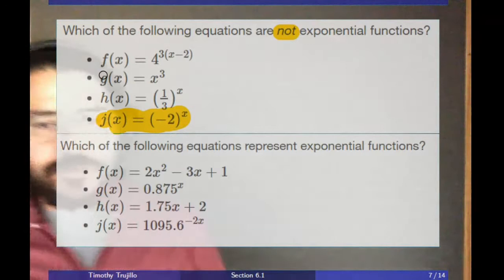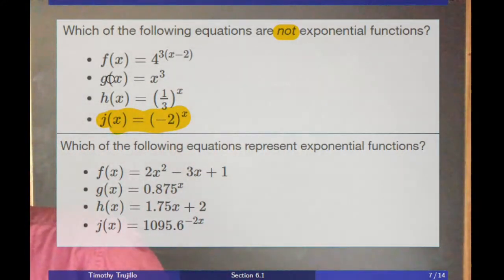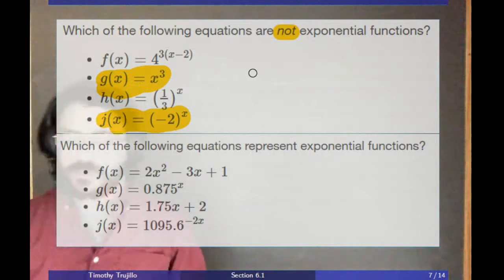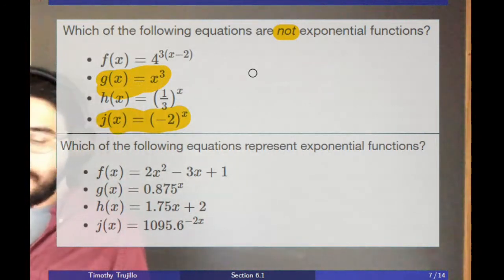Any polynomials that you see, any linear functions that you see are not exponential, right? And a good way to think about it is that the input is in the base and not in the exponent. So here the input, which is x, is up here in the exponent. And for exponential functions, they need to be up there in the exponent. Okay, so we should highlight that one because it's a polynomial.